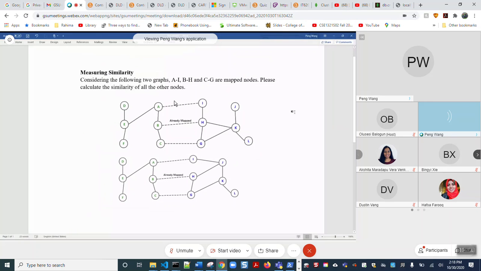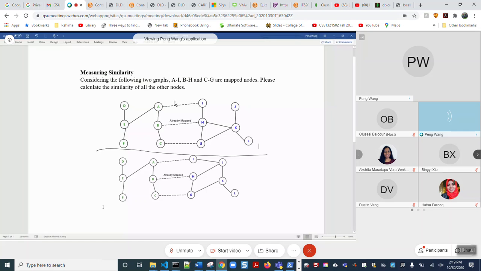For the first one, according to the definition of mirroring of the similarity of graphs, we can find that for D there's no common connecting mapped nodes to D. So the similarity from D to all of G or K or L will be 0, and also the same for E and F. So for the first graph, the similarity of all the other nodes is 0.